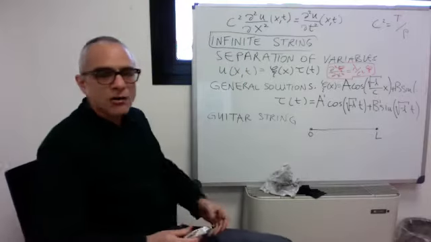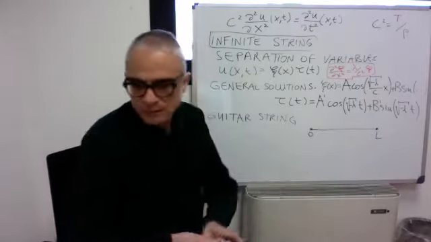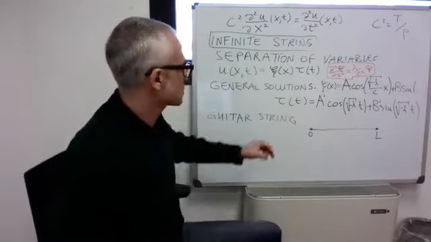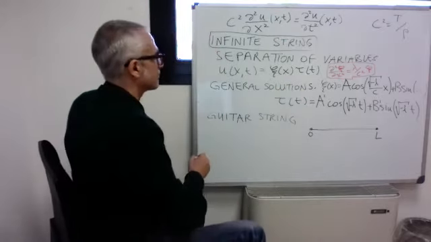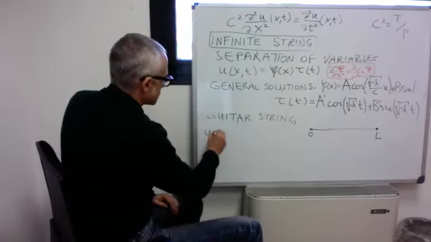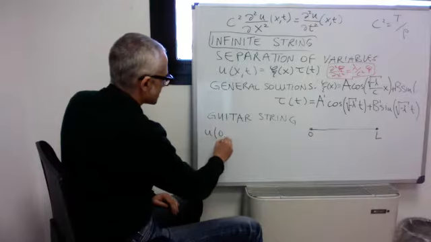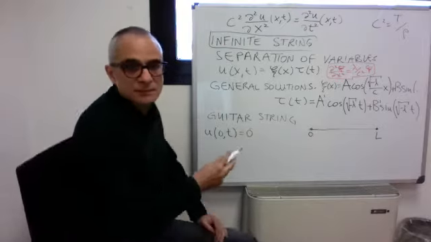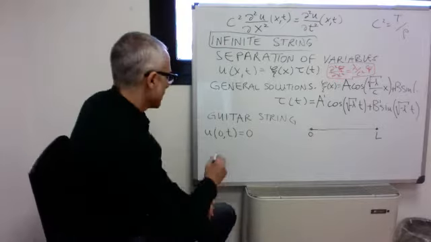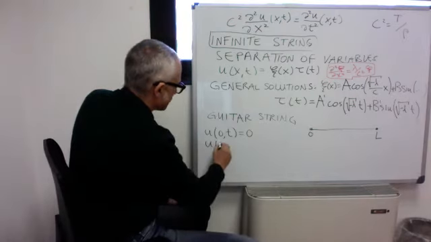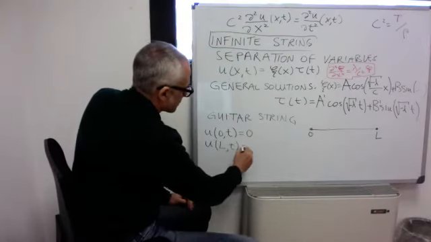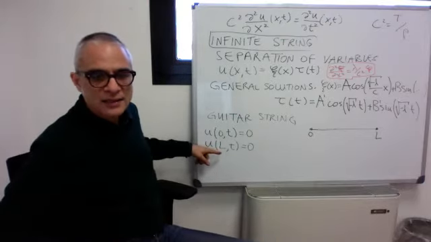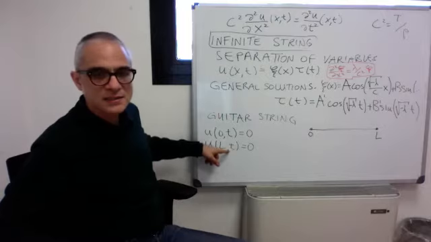What I'm saying, in other words, is that I'm only interested in solutions such that u at x equals 0 is 0 for any time t, and also the displacement u at x equals L is 0 at all times t.